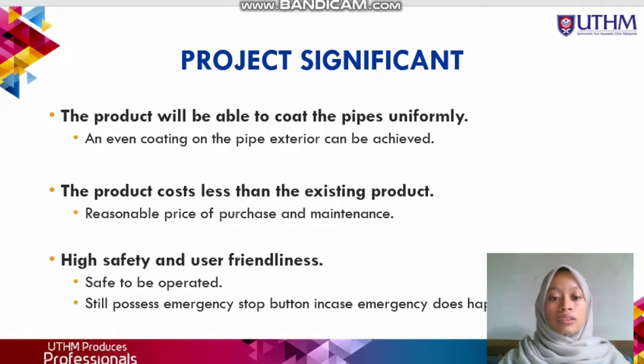The product costs less than the existing product. The price is reasonable for purchasing and maintenance. And lastly, high safety and user friendliness. The machine must be safe to operate, but still possess an emergency stop button in case an emergency does happen.